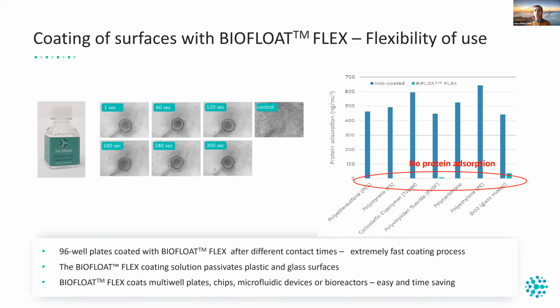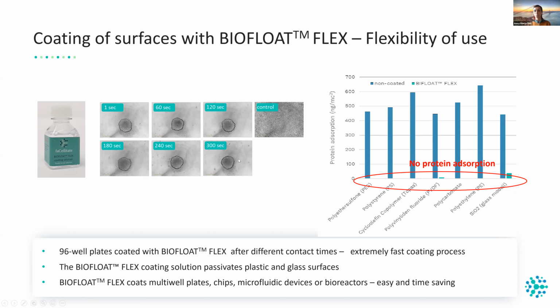In the beginning, I mentioned that a standard spheroid method also needs to be flexible and usable by the customers. With our second product, BioFloat Flex, it is possible to passivate different surfaces within seconds. In this experiment, we coated a 96-well plate with BioFloat Flex for 1 second, 60 seconds, and up to 300 seconds.